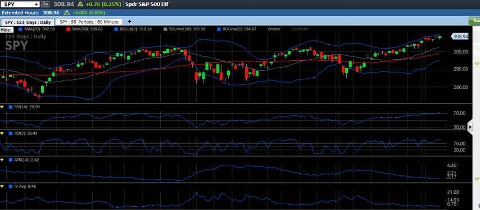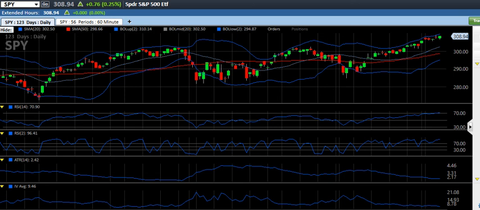Anytime you get an IV of say 20 plus, probably a big sell-off, a lot of volatility. Anytime volatility is low like it is now, it's pretty stable. There's no big thing in the market that's causing panic or news headlines or anything like that.